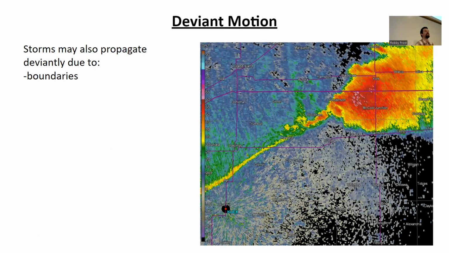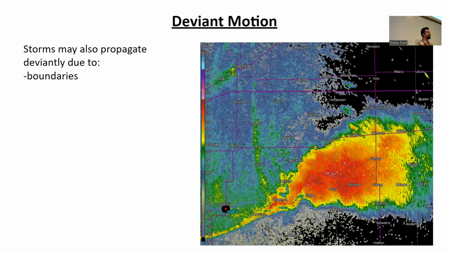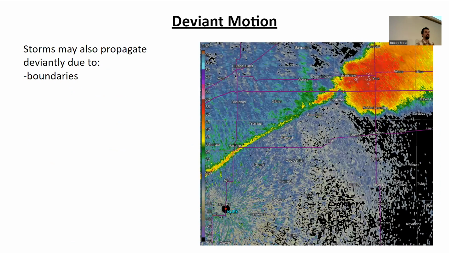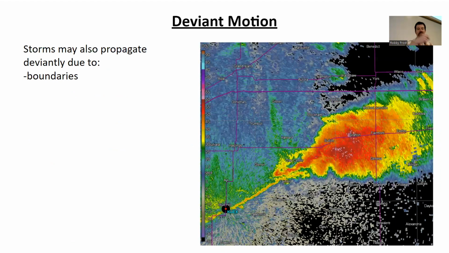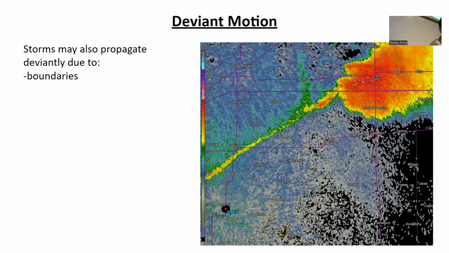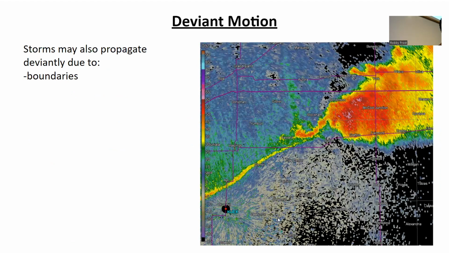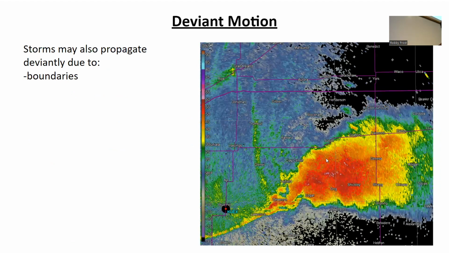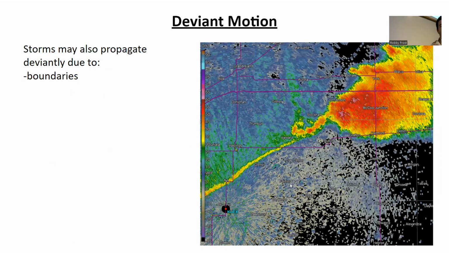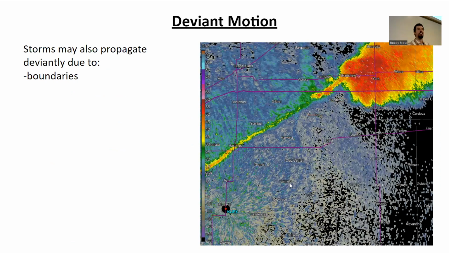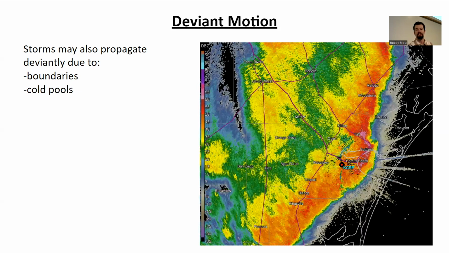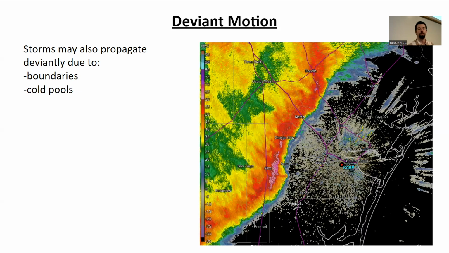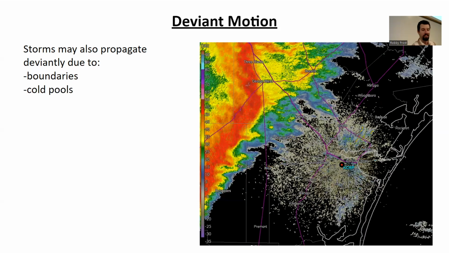But storms can also propagate deviantly due to a variety of other factors. A lot of people like to just slap on a Bunkers storm motion estimate, and then storms do stuff like this. This is kind of the zippering method, right? When you're on a boundary, supercells love to hog that boundary and zipper down it like this. Cold pools, right? QLCS motions have a completely different style here, and we can't really use the hodograph exactly to predict these.